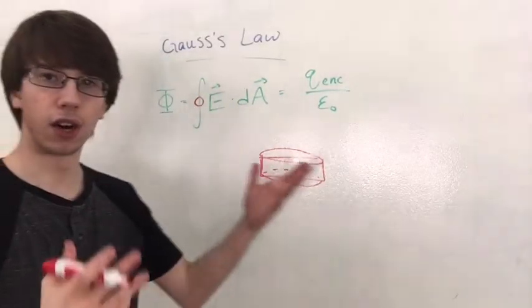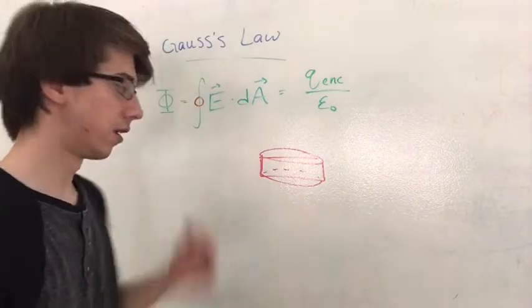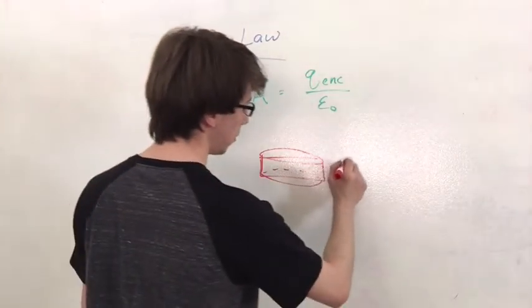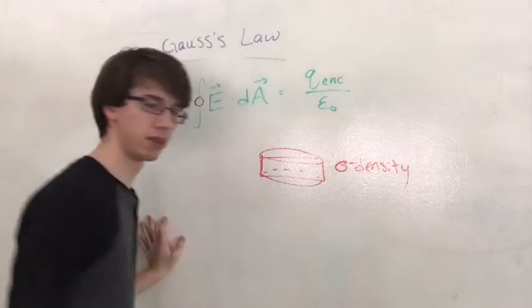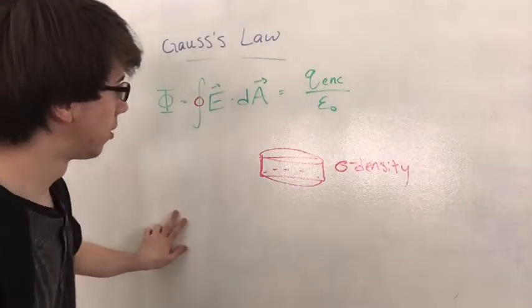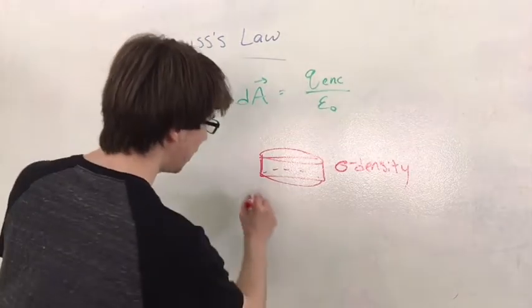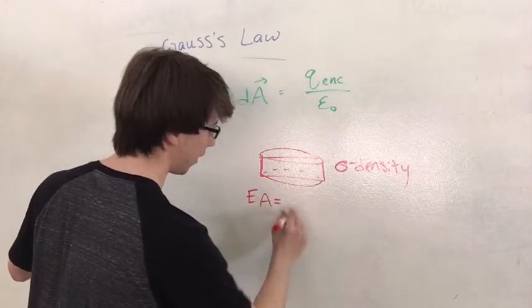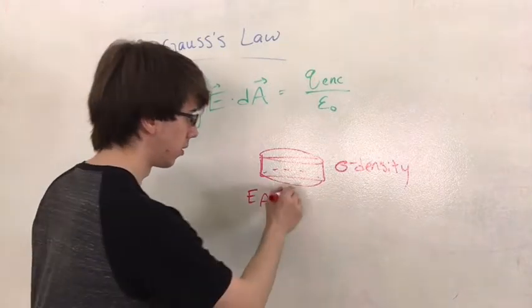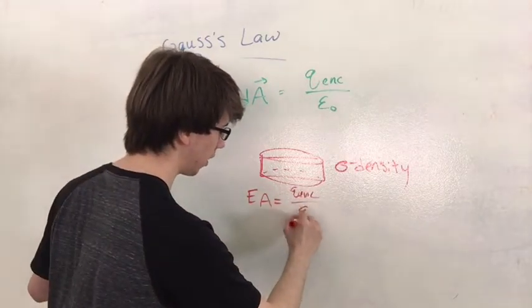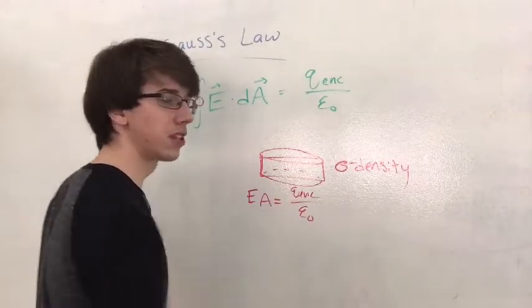In this case, our flux is mostly perpendicular. Say this has a uniform area density sigma. So we have EA equal to our enclosed charge, which we don't know, over epsilon naught. How do we determine our enclosed charge?